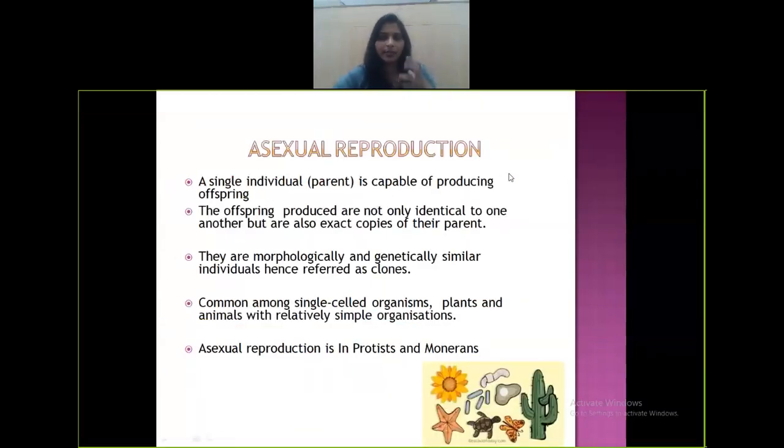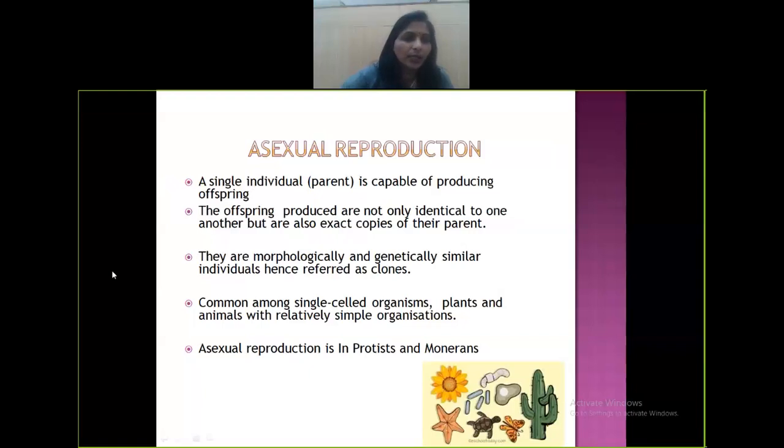Now let's go a little deeper. Let's try to understand what is asexual reproduction. As we've already discussed, in asexual reproduction, a single parent is capable of producing the offspring. It is uniparental.